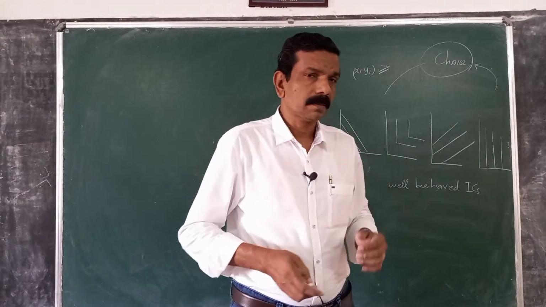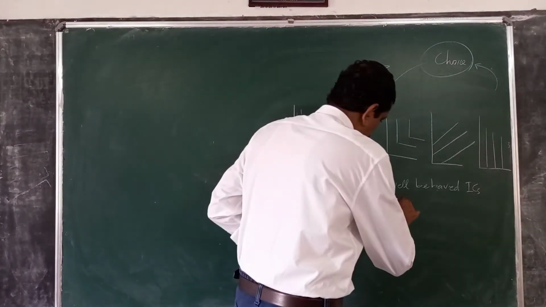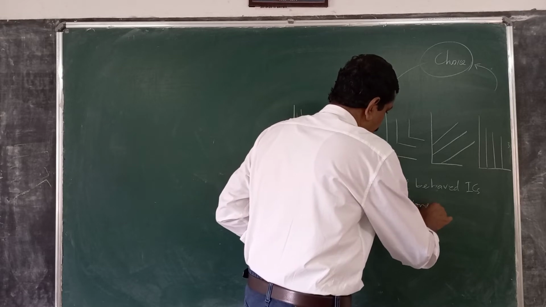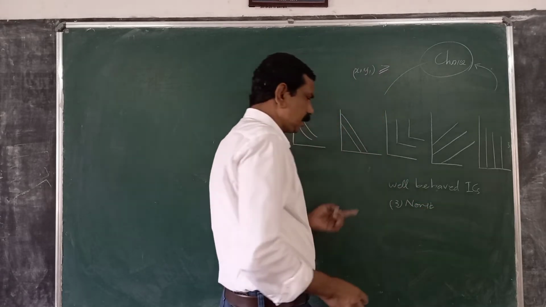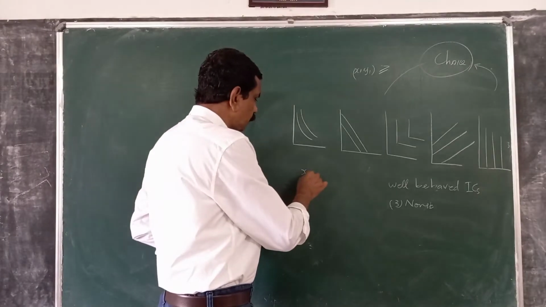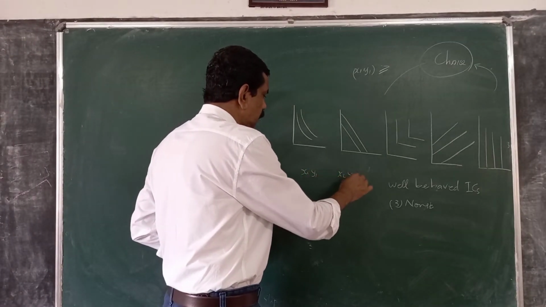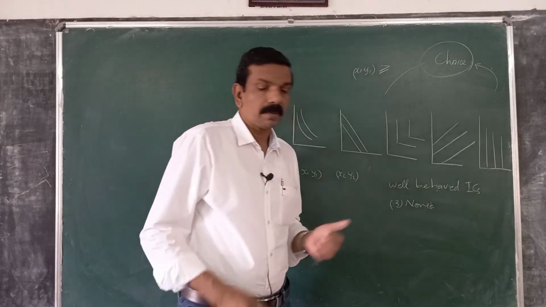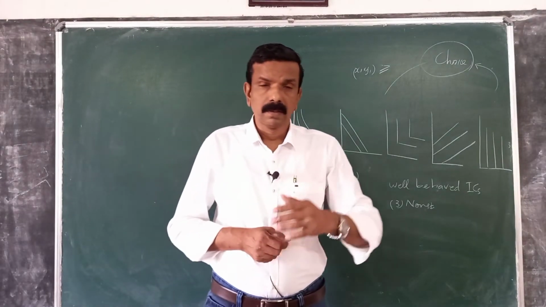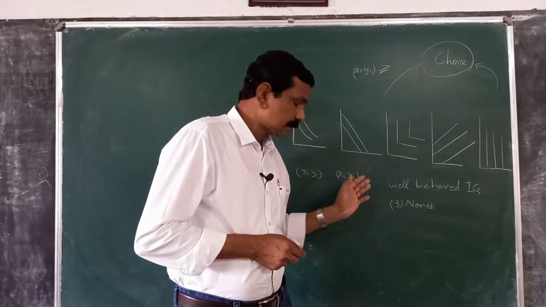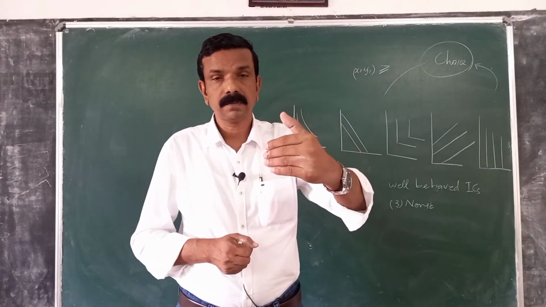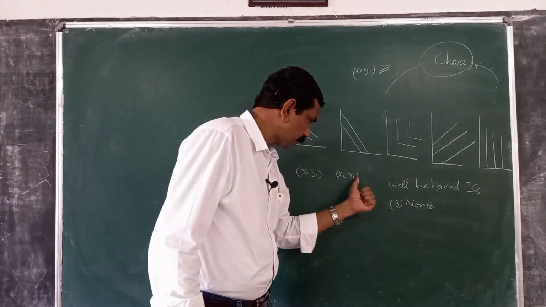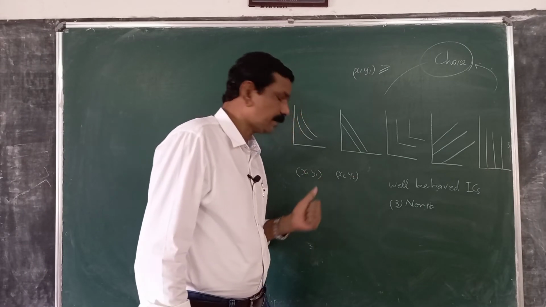The third axiom, as we have discussed, is non-satiation. The non-satiation assumption is: if (x1, y1) and (x2, y2) are two bundles such that the bundle (x2, y2) contains at least a little more of x or y, then the bundle (x2, y2) is preferred to (x1, y1).